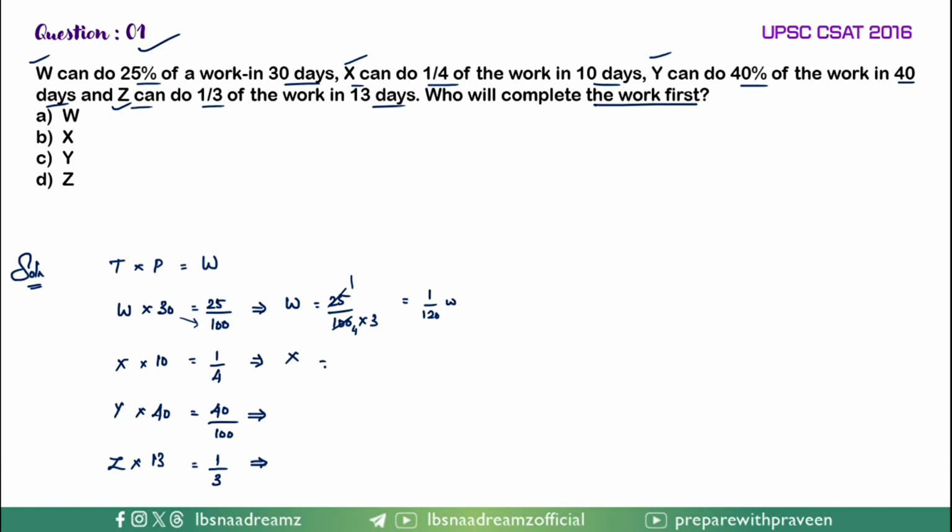X is equal to, we can cross multiply this, so 1 by 40 works. Y is equal to the same, 40 by 100 into 40, which is equal to 1 by 100 works. For Z, into 13 is equal to 1 by 39 works.